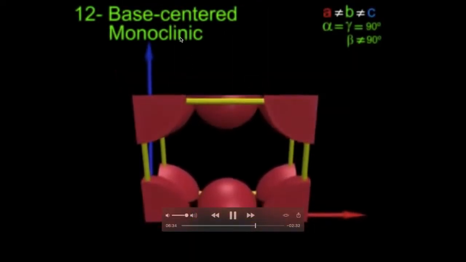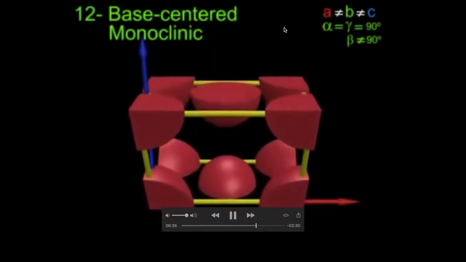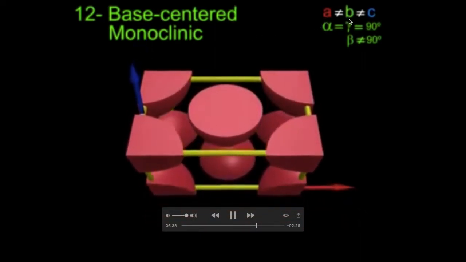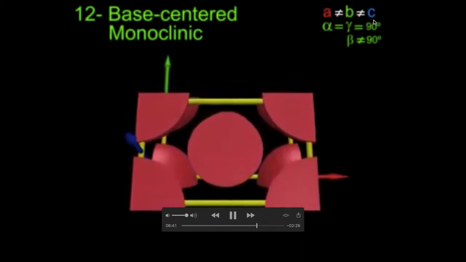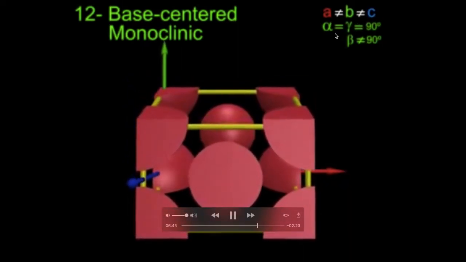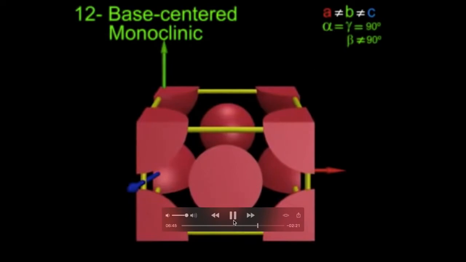Base centered monoclinic. In this type of unit cell, a is not equal to b is not equal to c. The angles alpha and gamma are equal to 90 degrees, but beta is not equal to 90 degrees. Base centered monoclinic unit cell means end centered unit cell. That means the particles will be present at two opposite faces.